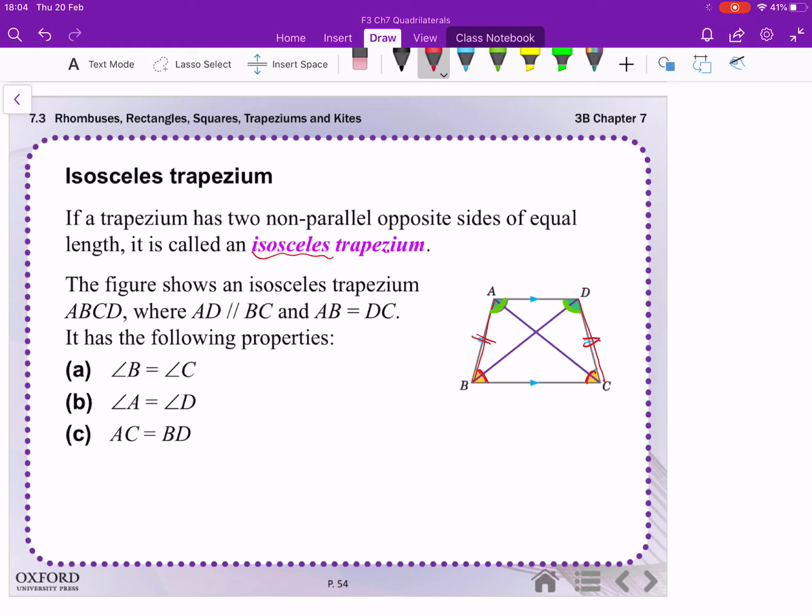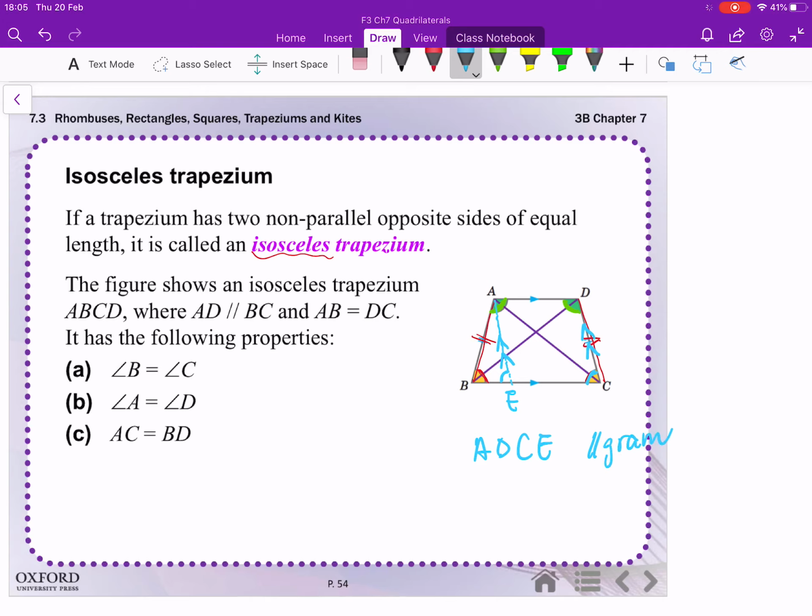And the reason behind, you can try to figure out yourself. Or I will explain this way. You may add one more line parallel to CD here, and you can see that by corresponding angles you can move this angle here, and ABCD and AECD actually form a parallelogram.